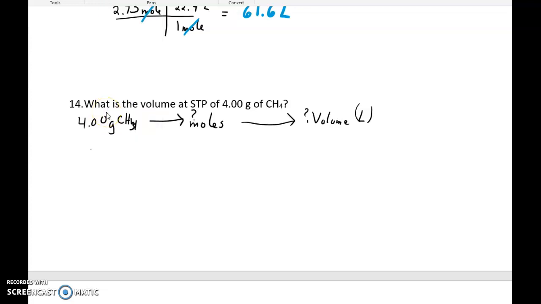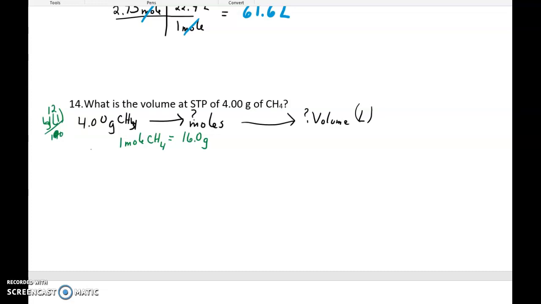So we've got 1 mole of our methane is going to weigh 16.0 grams. What I did is I took the carbon, weighed 12, and we had 4 hydrogens that each were 1, and that equals 16.